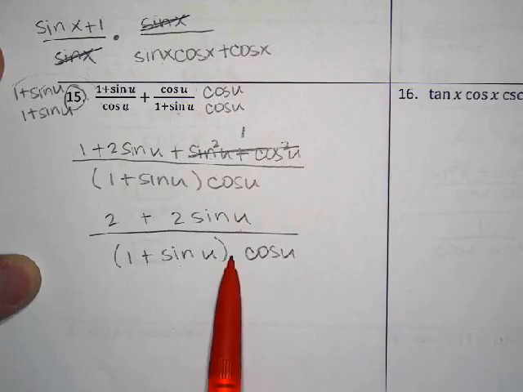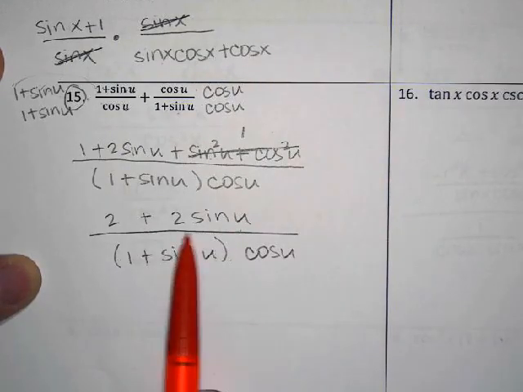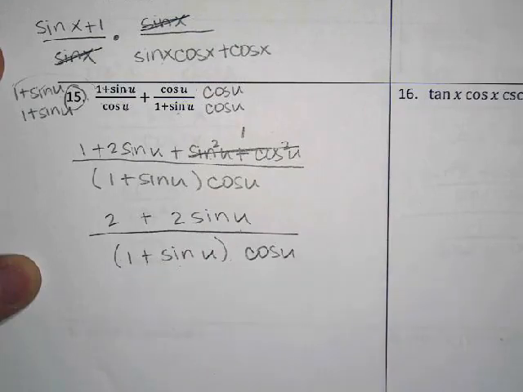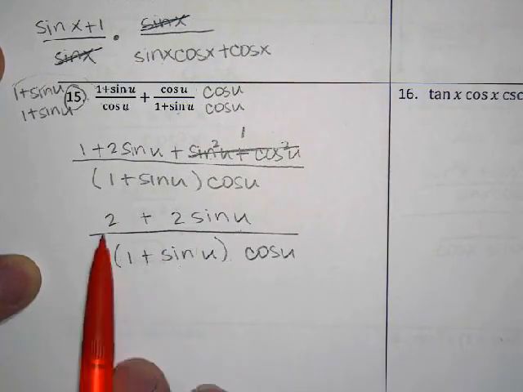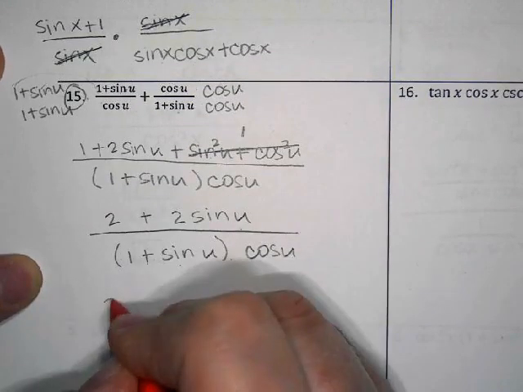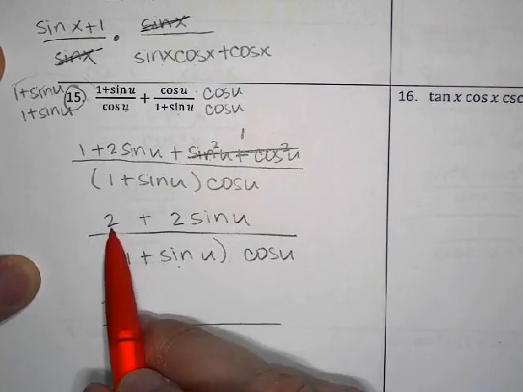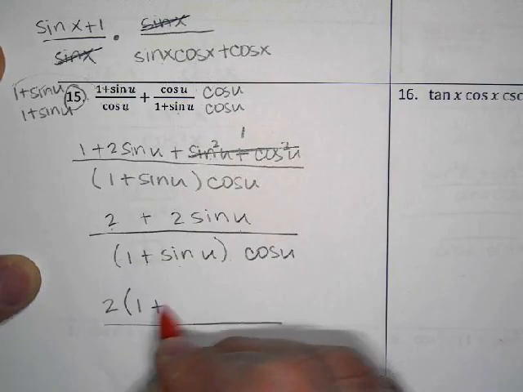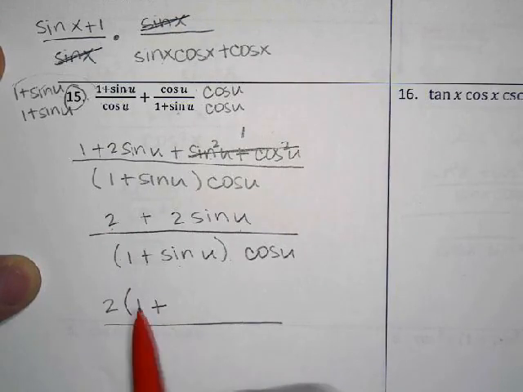So what do you guys think we should do on the top? Not cancel out yet. GCF of 2. We're going to take out 2 from each term, and once we take out 2, then we'll be able to cancel. Okay, so we're going to take out a GCF of 2, and what's left over? 1 plus, so we divided by 2, left with 1, divided by 2, we're left with sine.